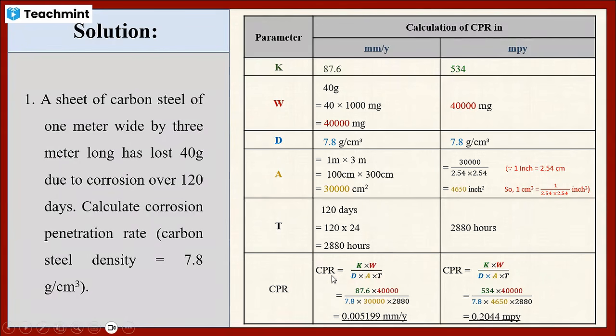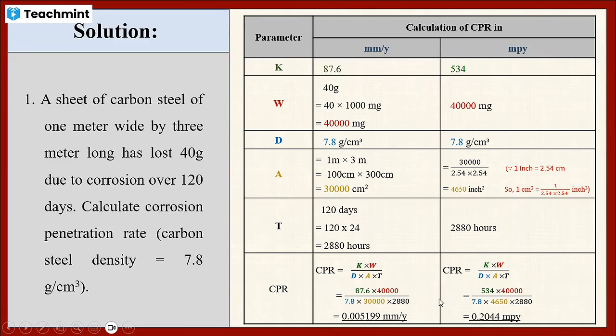So finally, the corrosion penetration rate CPR is calculated by using K into W divided by D into A into T. Don't forget to write this formula and substitute all these values. Here the K value is 87.6, W value is 40,000, D value is 7.8, A value is 30,000 into 2,880, and the answer is 0.005199 mm per year.